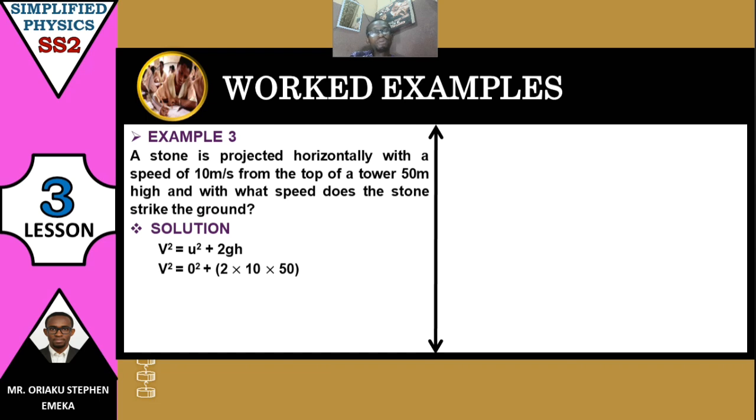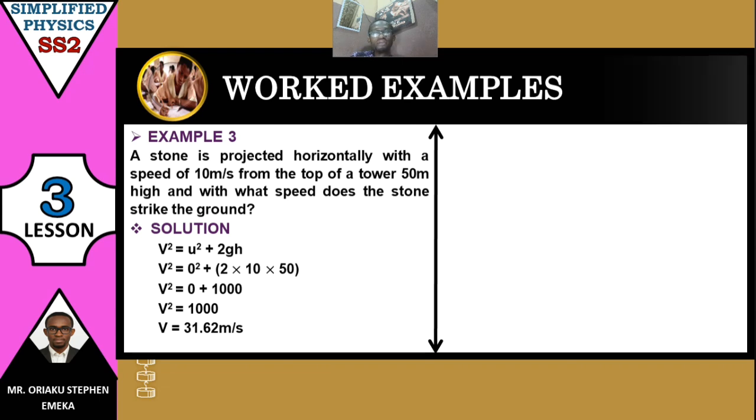So we make use of the parameters of the vertical motion. u is 0, g is 10, and the height is the height of the tower. This gives us the square root of 1000, which is 31.62 meters per second. So this is the speed at which it is going to strike the ground.